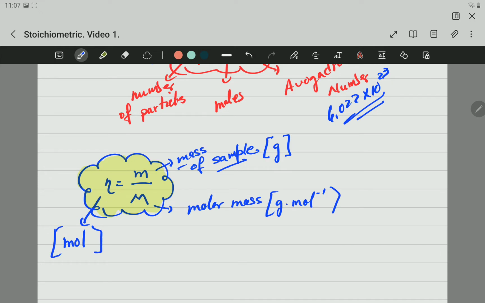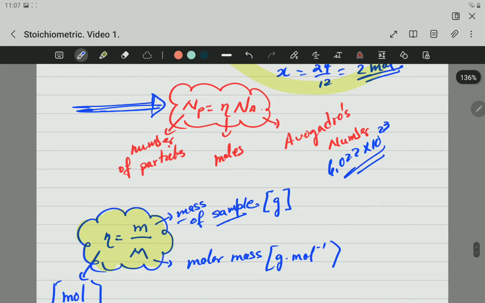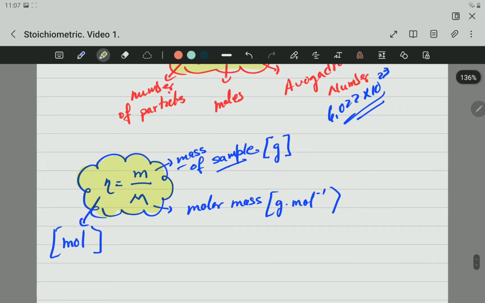So now we have 2 very important formulas. One here that relates the number of particles, the Avogadro's number, and the number of mole, and we have another one here that relates the mass of the sample and the molar mass and the number of mole.